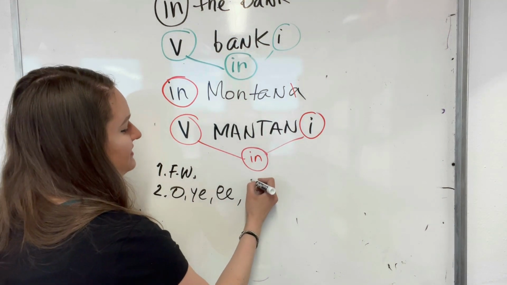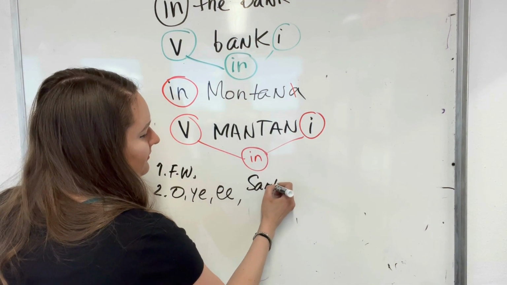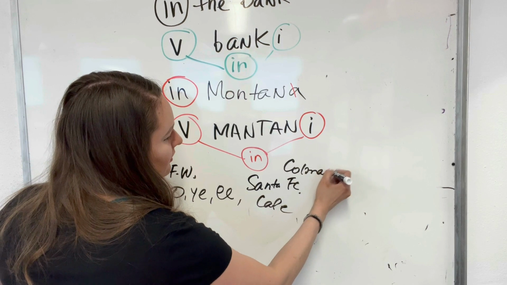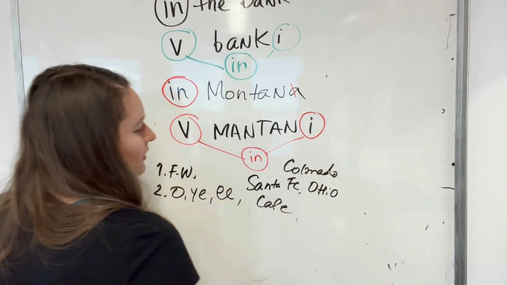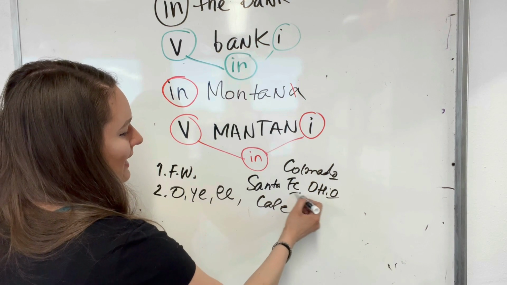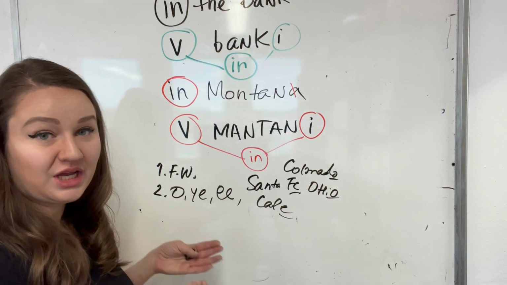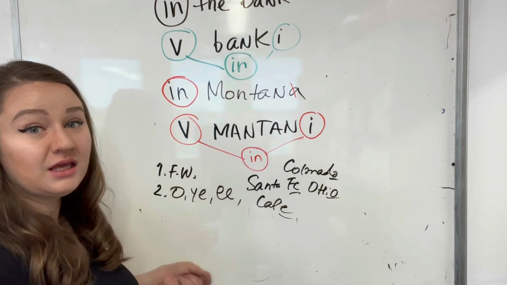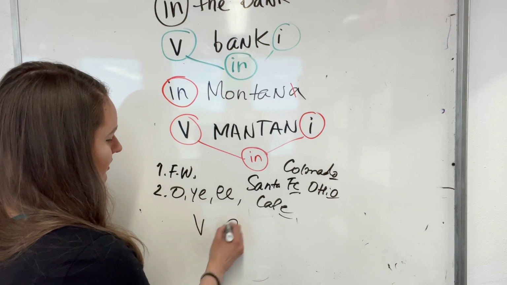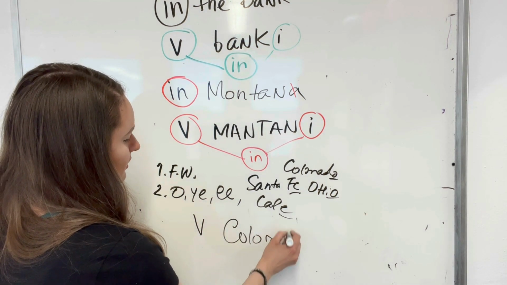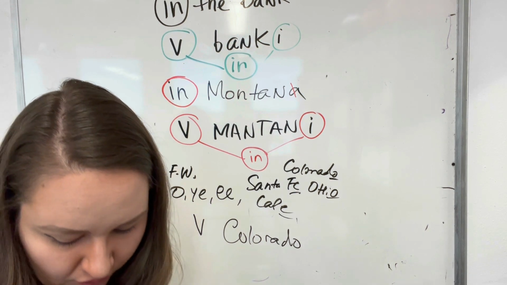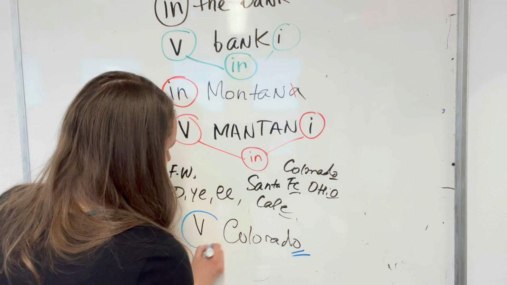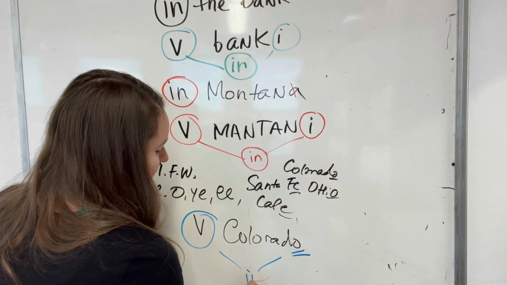So things such as Santa Fe, cafe, Colorado, Ohio, and other ones which end with o and ye, they would not change the ending. You would just add в in front of them. So if you want to say "in Colorado," it would be в Колорадо, and that is it. You would not change this last letter.